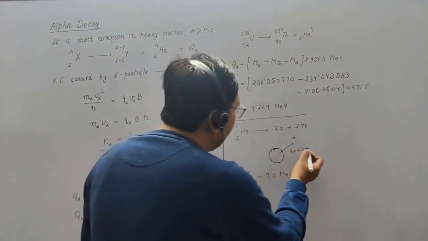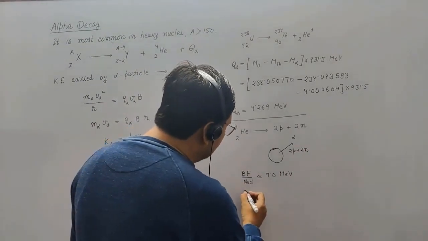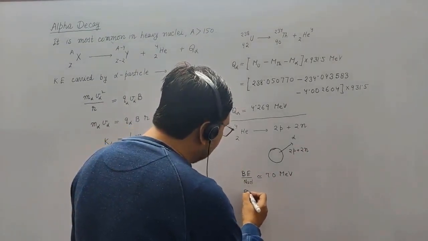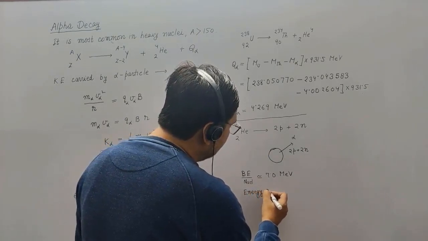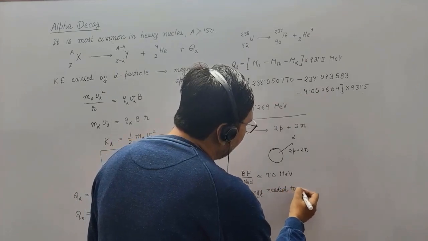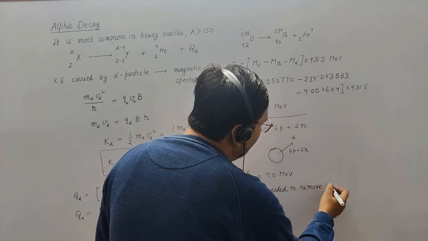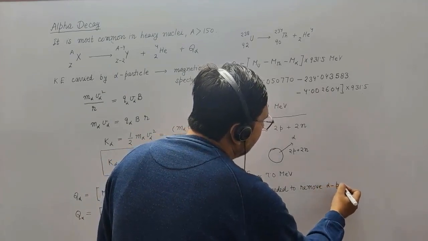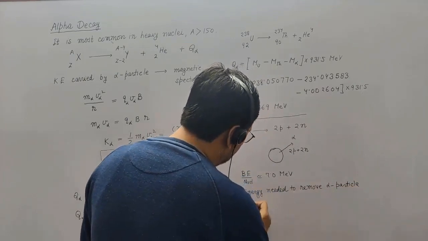And here we have 4 nucleons. So how much energy is needed to remove an alpha particle from nuclei?